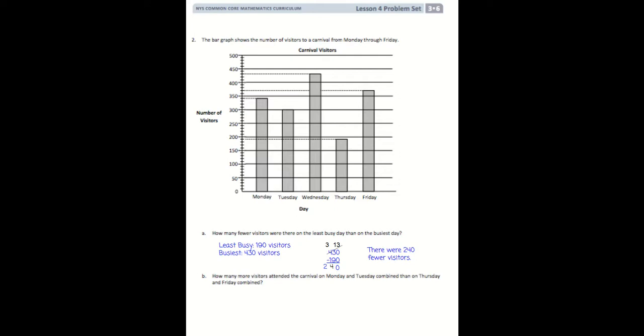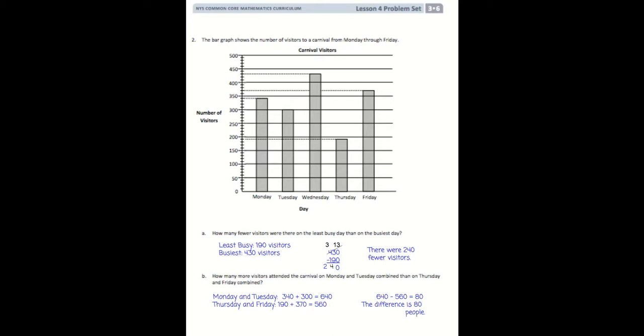And then B is how many more visitors attended the carnival on Monday and Tuesday combined than on Thursday and Friday combined. So we're going to have to add Monday and Tuesday together, and then add Thursday and Friday together, and then subtract. So on Monday and Tuesday, there were 340 plus 300, which would be 640 visitors.